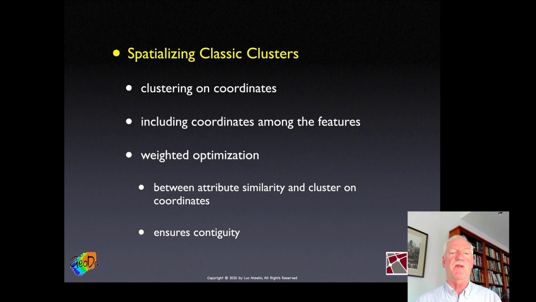So we will see 3 methods: clustering on coordinates, which is very straightforward, including the coordinates among the features in the cluster exercise, which is a very commonly applied method. And then a final one is, I think, pretty unique to GeoDa, to the implementation in GeoDa. The idea of weighted optimization is not unique, but the assurance of contiguity in the process is something that GeoDa achieves. So let's look at them one by one so we get a sense of what this does.